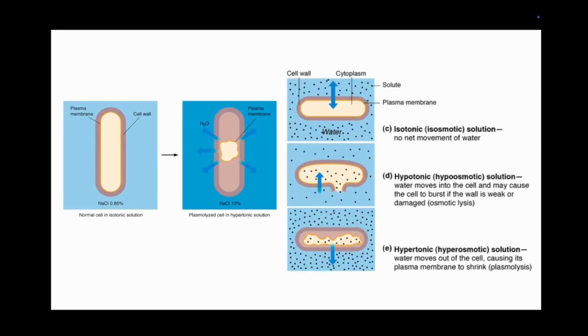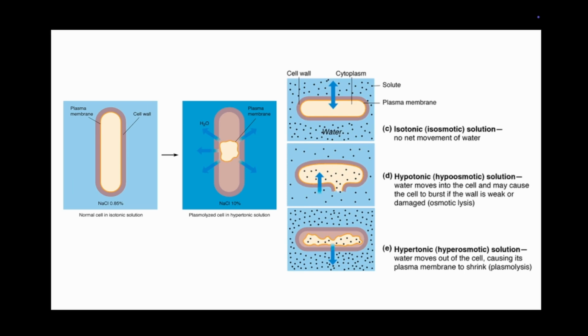So this, I think we've already covered, just to show the effects of different osmotic solutions on the cell. In a normal cell, in a hypertonic solution, and in a hypotonic solution. So hypotonic may cause a cell to burst.